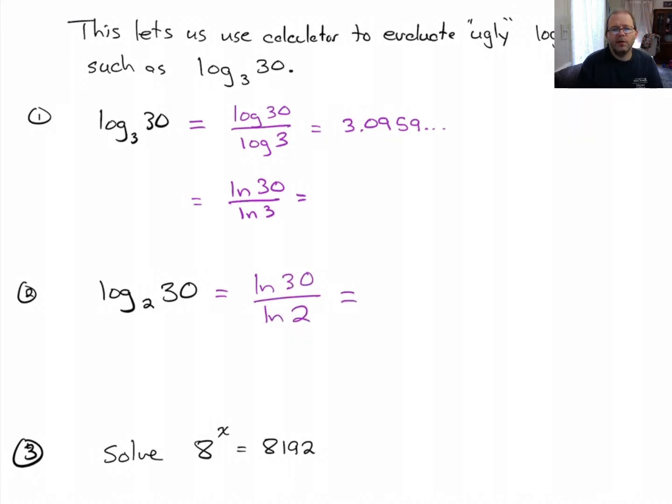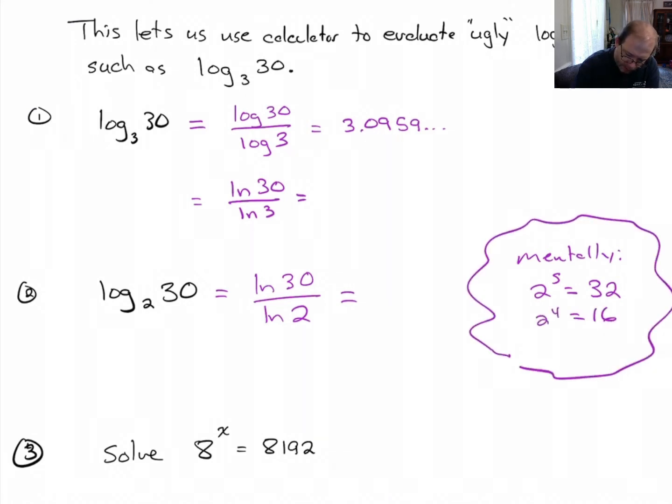Now, before we do that, though, let's think about this for a second, just mentally. I know 2 to the 5th is equal to 32, and 2 to the 4th is 16. So that means that when I do this on my calculator, ln of 30 over ln 2, it's going to be less than 5, but closer to 5 than 4.